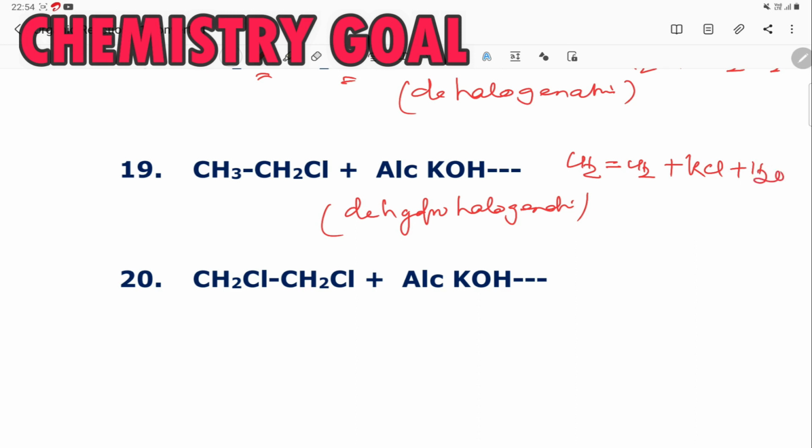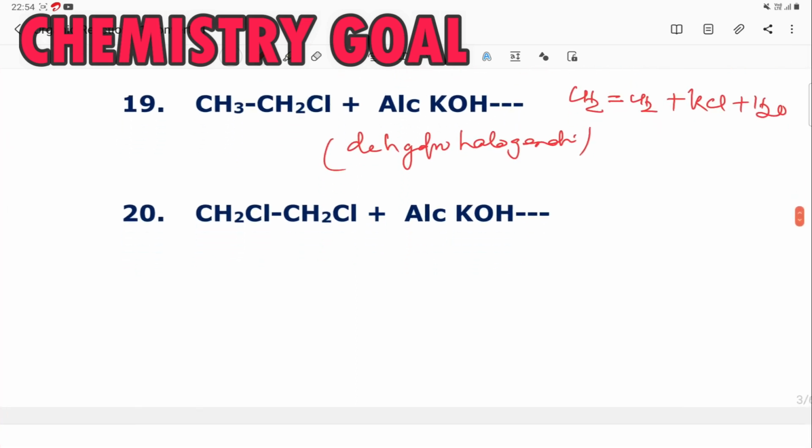Dehydrohalogenation is an elimination reaction. And this is also dehydrohalogenation. As there are 2 halogens here, elimination takes place twice.